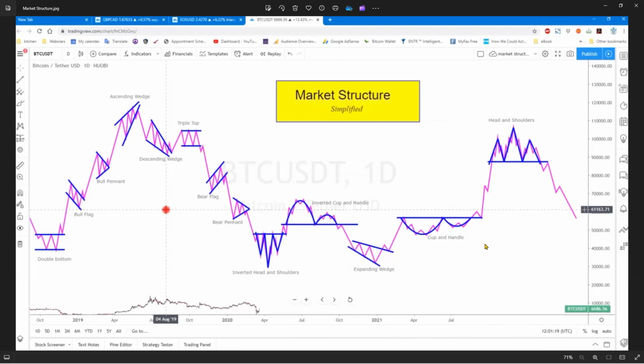And I wanted to put this up here to show you guys a diagram and to encourage you guys and gals to put this into memory. Because that way, when you're reading the chart and you start to see these patterns develop, you can say, okay, I see a head and shoulders pattern developing.